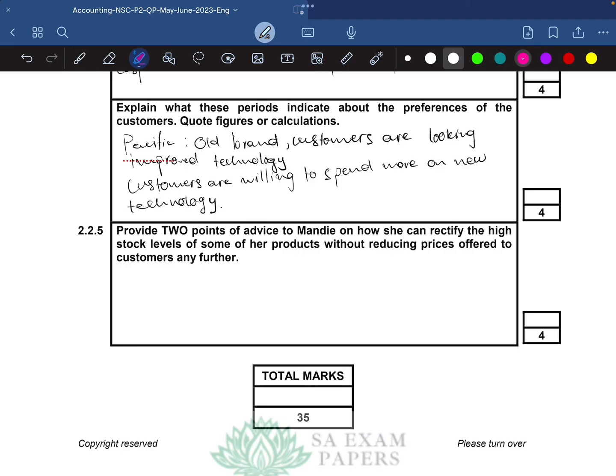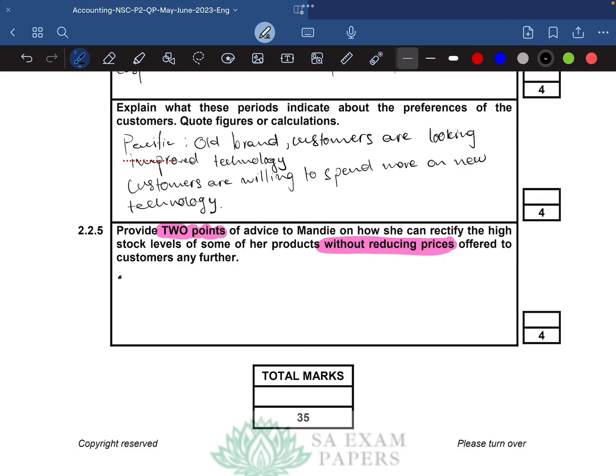So this question says we're just providing 2 points of advice to Mandy on how she can rectify the high stock levels of some of her products without reducing prices offered to customers any further. So here, the first thing that comes to mind is that she could just give discounts instead of reducing the price.